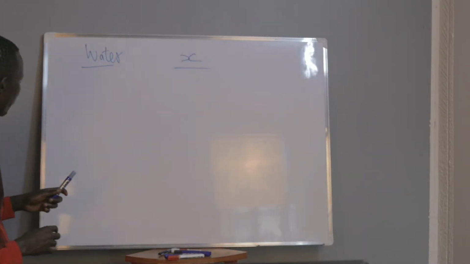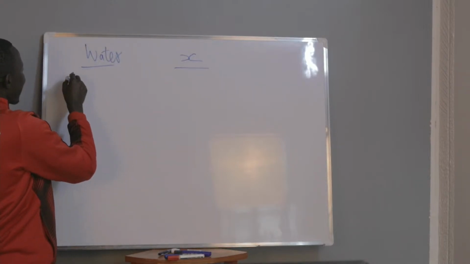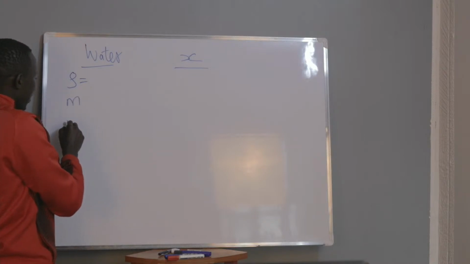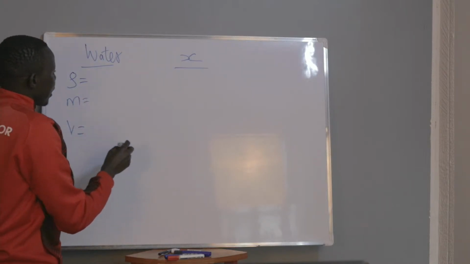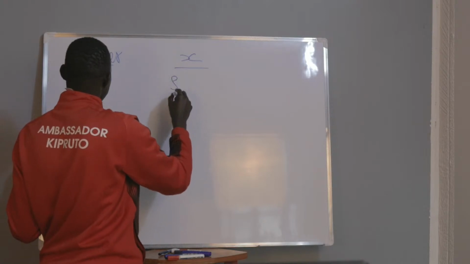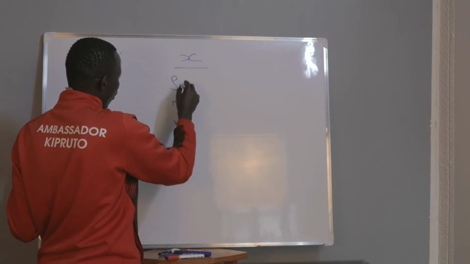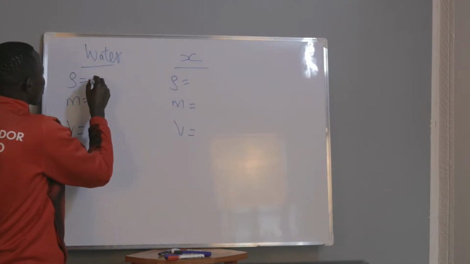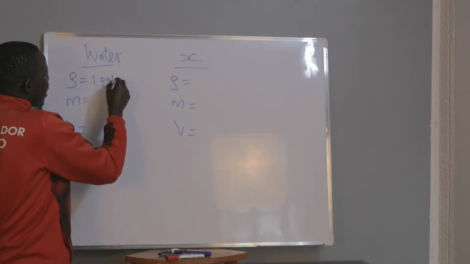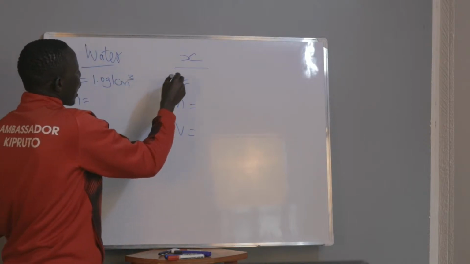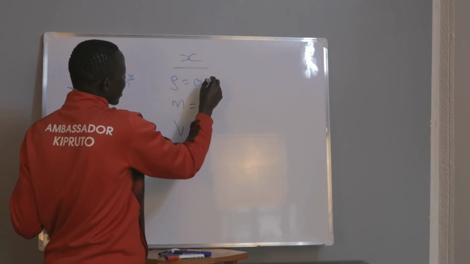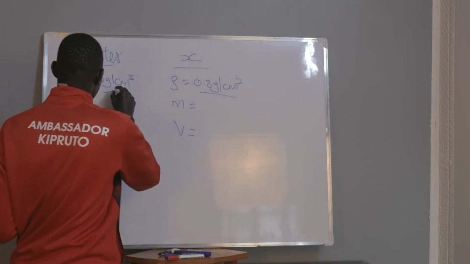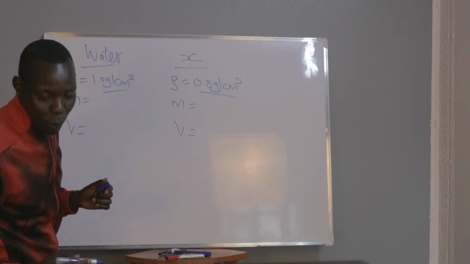So, write density, mass, then volume, the same for the other one. From the question, the density of water is 1.0 grams per centimeter cubic, and this one is 0.8 grams per centimeter cubic. What else do we have from the question? The volumes.